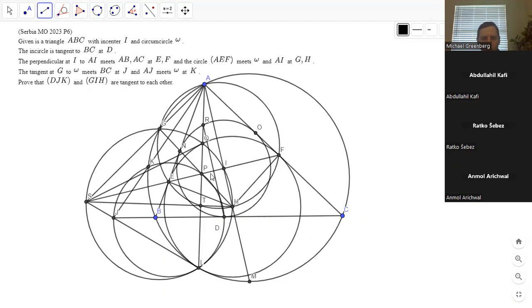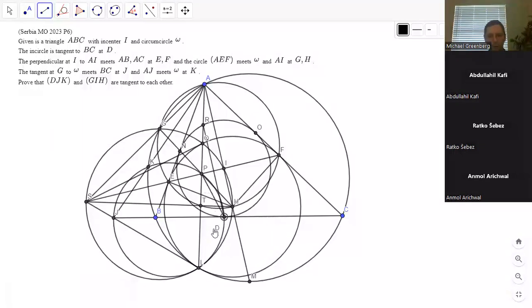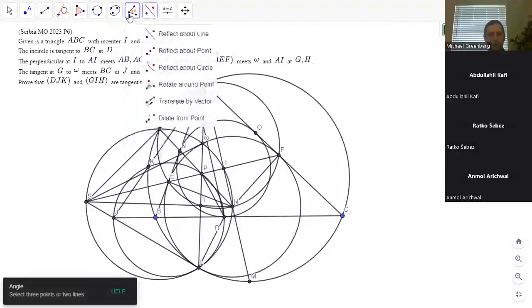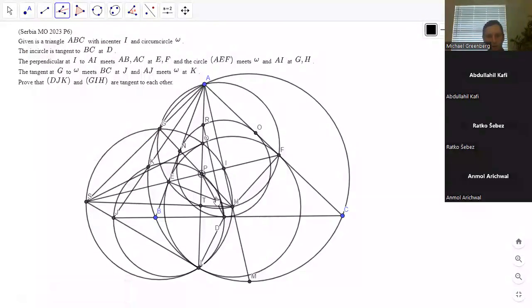Sorry, I accidentally entered it. Okay. So that means that in triangle PDL, this is an angle bisector. I think that's right. Let me check that. Yeah.